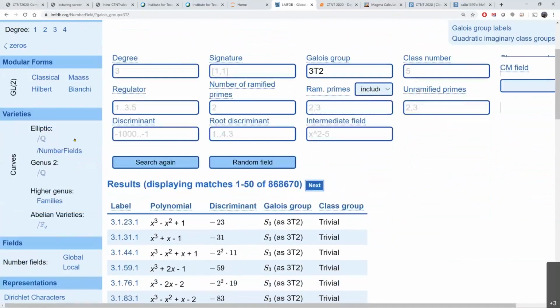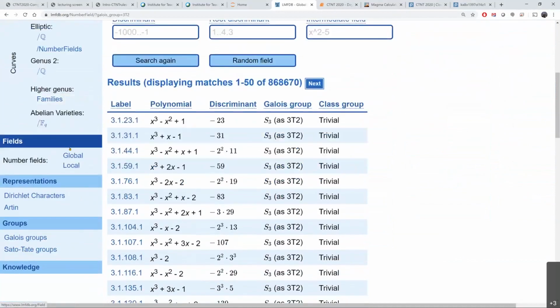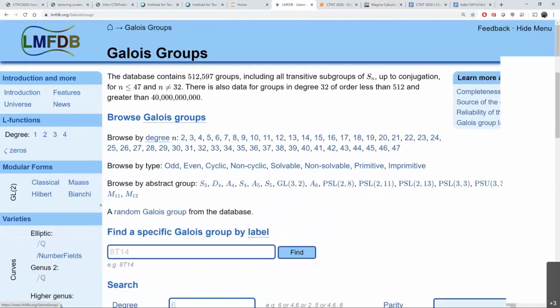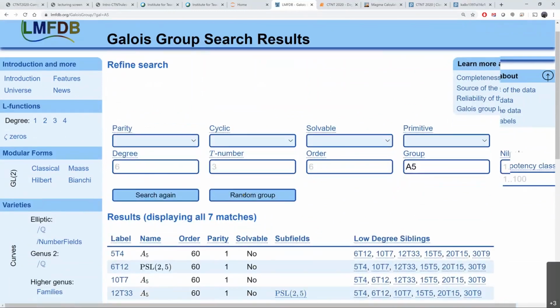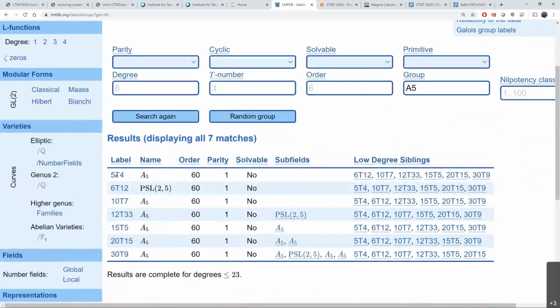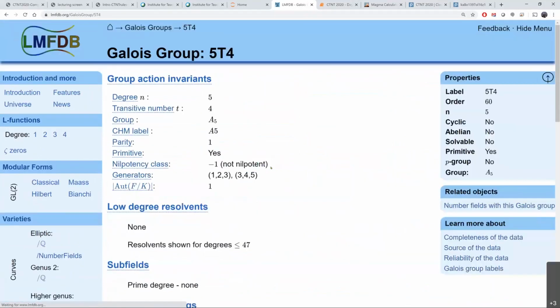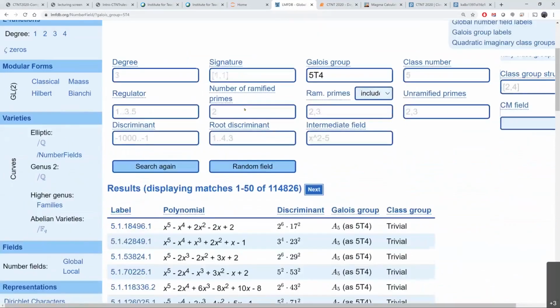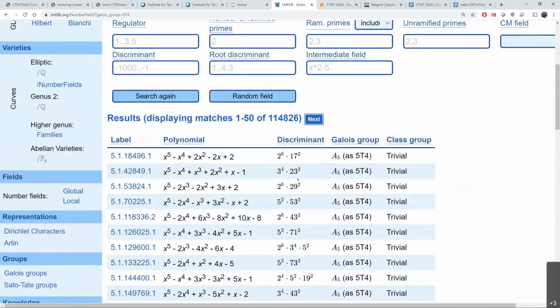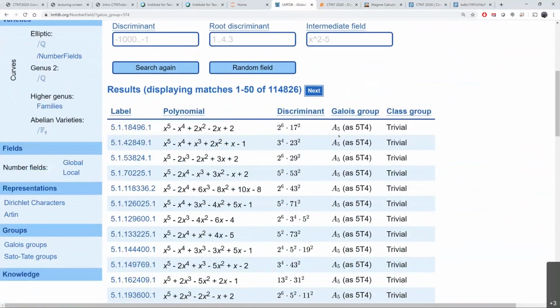If you want to find polynomials that have more exotic Galois groups, let's say, for example, you want A5 as a Galois group, then here is A5. This says that A5 appears as the Galois group of a quintic polynomial. And if I go to number fields, then I can find by discriminant number fields that have A5 as a Galois group. So here is the discriminant of such a number field.